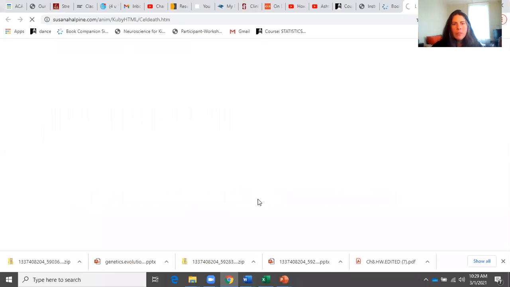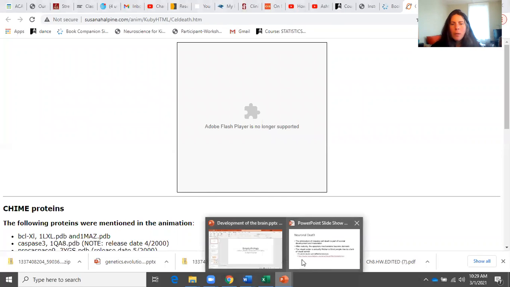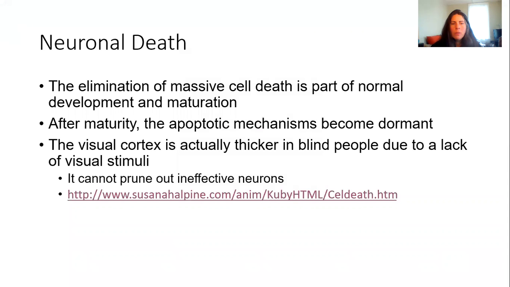Now, if you follow this link, it's another Flash player. Okay, that link is actually not going to work. But what was here, if you get access to Adobe Flash Player, shows you the difference in appearance of apoptosis and necrosis. Apoptosis is programmed cell death, and then the microglia come to clean up the cells.